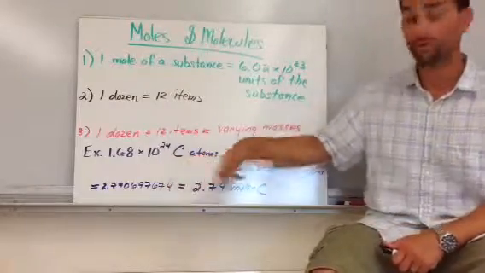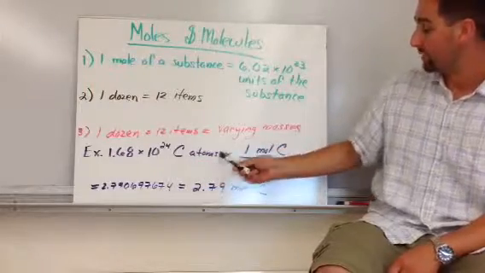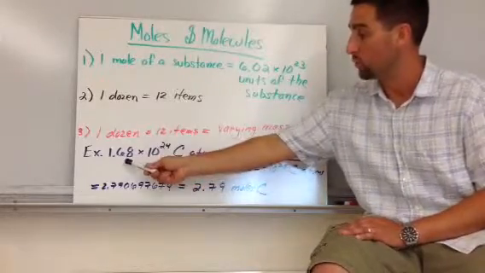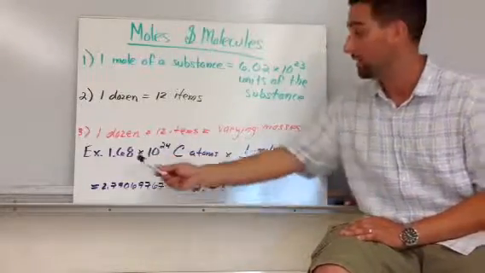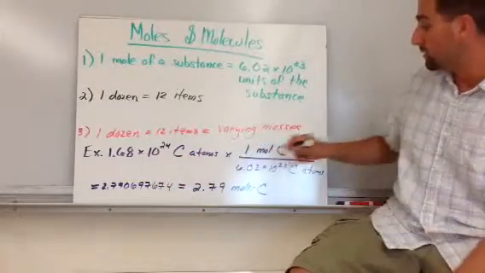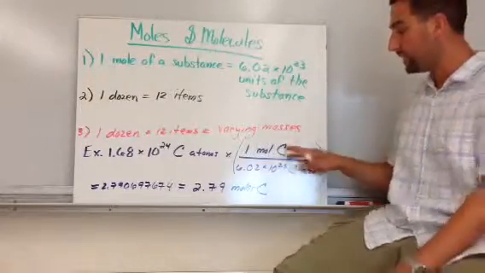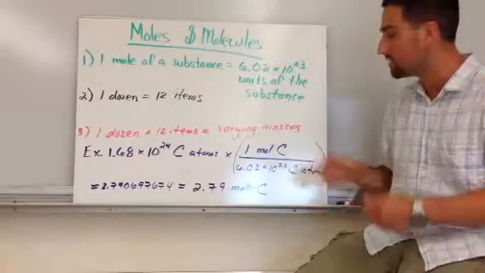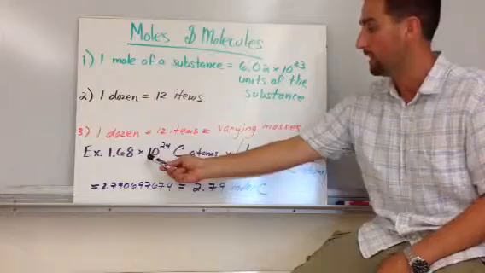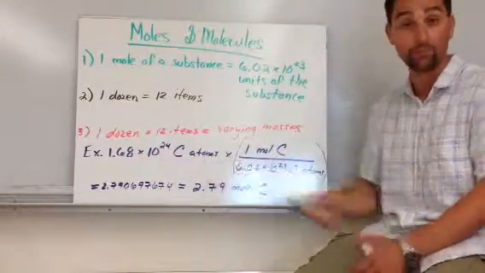Another example of a conversion factor would be if I wanted to go between carbon atoms to moles of carbon. I would take my given information, which would be carbon atoms, in this case 1.68 times 10 to the 24th, and I would use this conversion factor and flip it in a way that I can use it to my advantage to get moles of carbon. So in this case, my given unit atoms must be in the bottom of this fraction to cancel out the atoms up here.